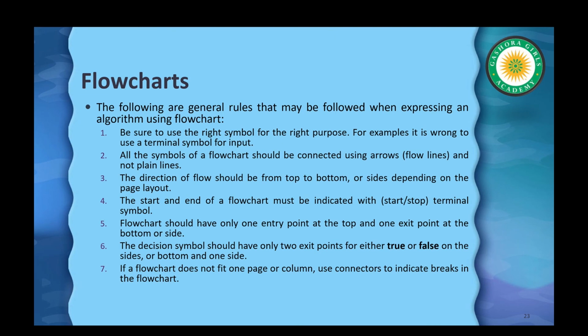Then the start and end of the flowchart must be indicated with start or stop terminal symbols. A flowchart should have only one entry point at the top and one exit point at the bottom or at the side, again depending on the paper layout. The decision symbols should have only 2 exit points, for either true or false, on the side or the bottom.